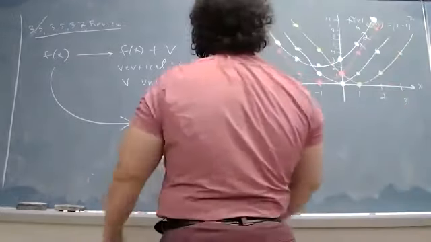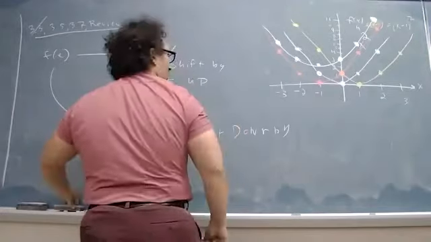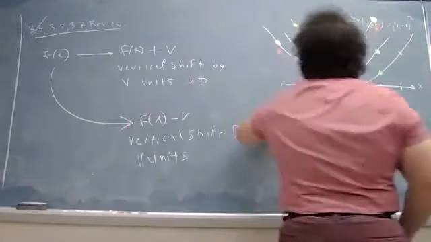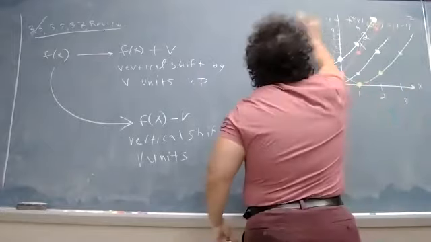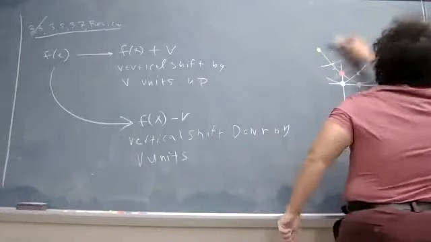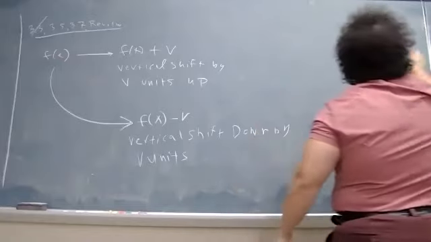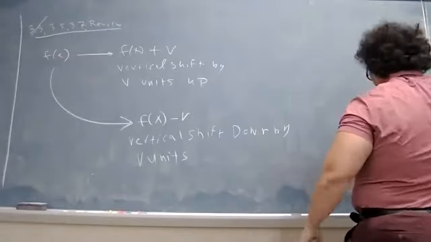Now, we got a cluttered board here. We got cluttered graphs. There's so many graphs, I don't have enough colors that show up on the screen. So let's wipe this clean and try another set of things that we can do.